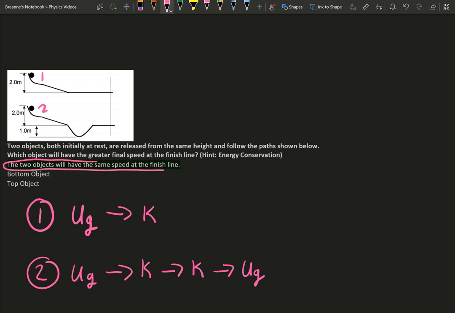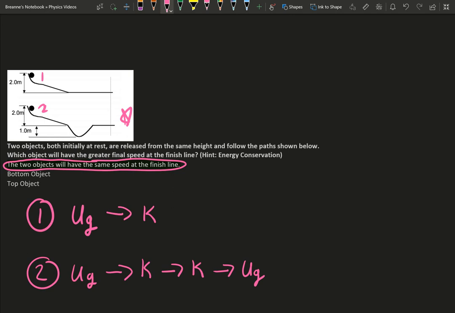the two objects have the same speed, but it doesn't ask you which one finishes first. So which one would finish first? Hopefully you said number 2. So number 2 will end up finishing first. And it's because it gets that gain in speed as it goes down that little extra 1 meter.